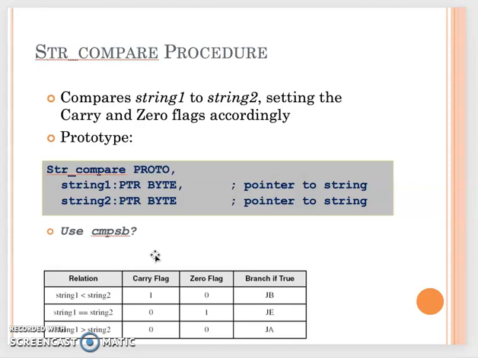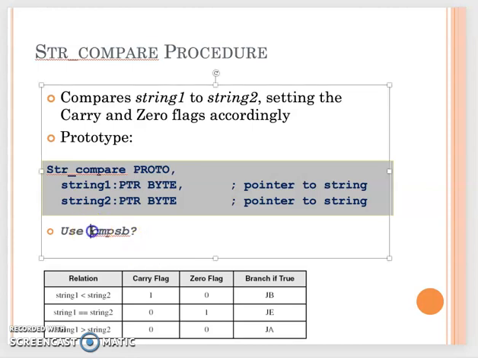So how should we compare two strings? Again, since we have two strings to do, just like copy, we can consider, can we use the CMPSB repeatedly? But when we want to use CMPSB repeatedly, how should we set the loop?